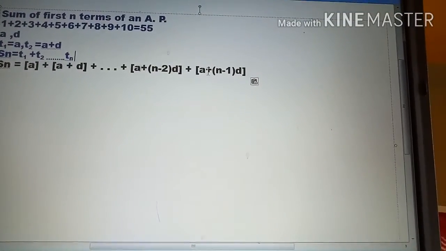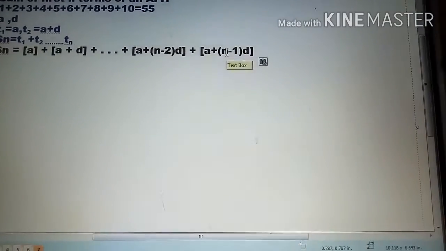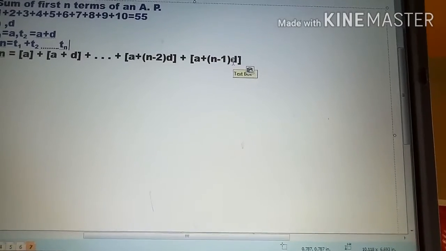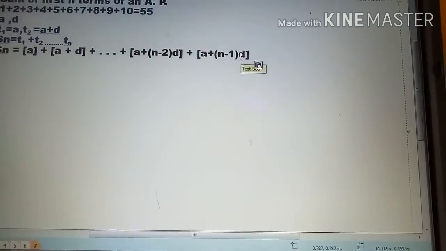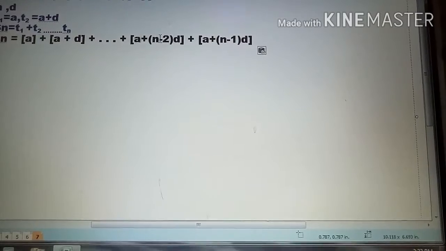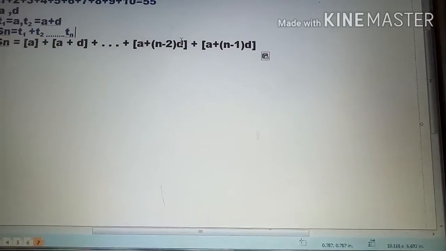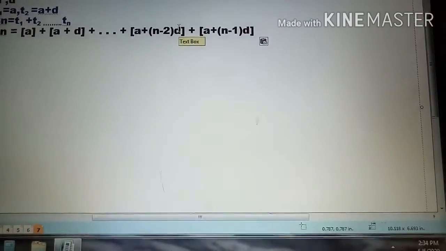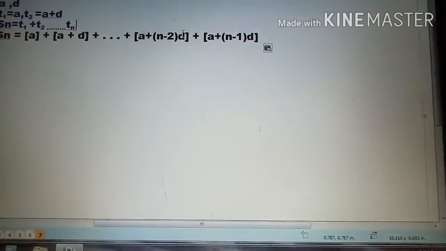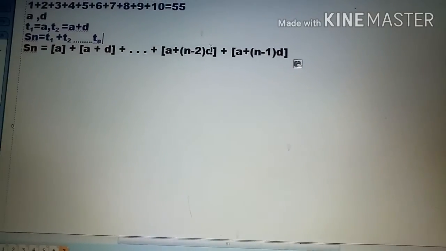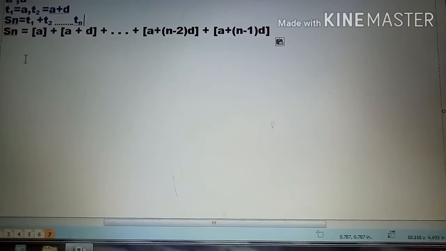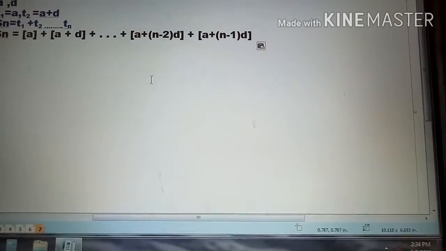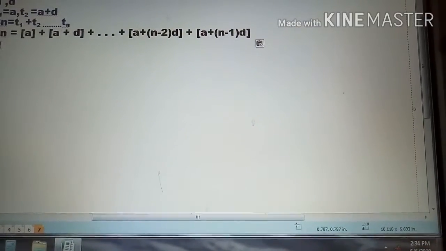Tn is equal to, everybody knows, we have learned the formula, Tn is equal to a plus n minus 1 into d. It is the last term. The one before it is n minus 2, meaning the term is decreasing. That's why we subtract 2, because it is the first and it is the last term, correct? Then we rewrite this equation by the reverse method, from Tn down to T1.